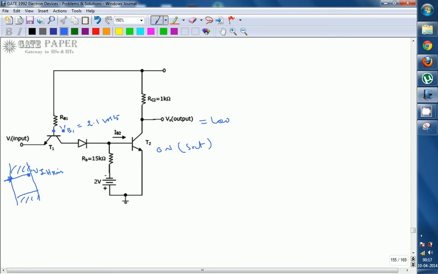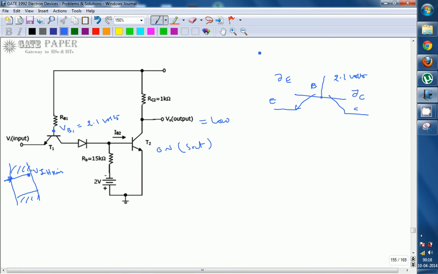That implies you must apply this VIH minimum such that, now I will draw only the T1 transistor so that it will be better understood. This is the T1 transistor whose base is at 2.1 volts, and this is the base and it is the emitter side, and this is the collector. This junction is JE and this junction is JC.